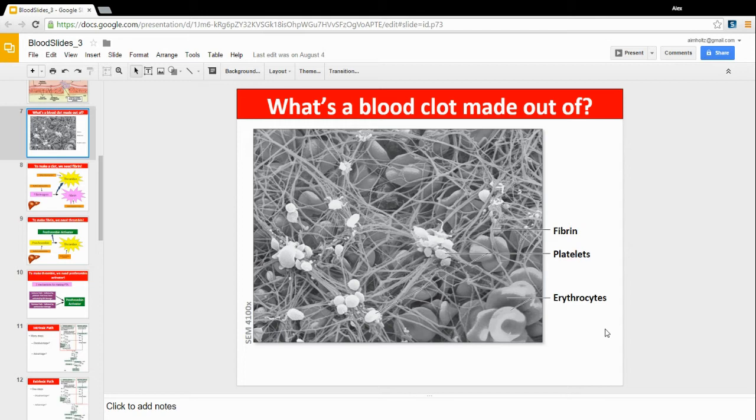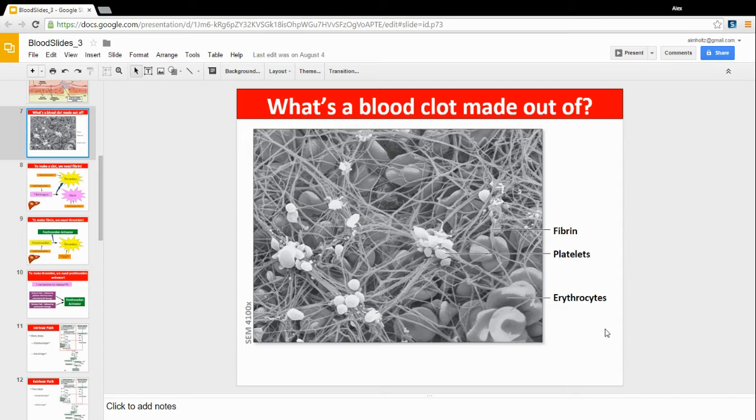It is a mesh of a protein called fibrin. And this net, this web, traps more platelets, as well as a lot of red blood cells. And that's what forms a blood clot. So to make a blood clot, we got to have a protein called fibrin, which makes a net, traps formed elements in it, and that's a blood clot.